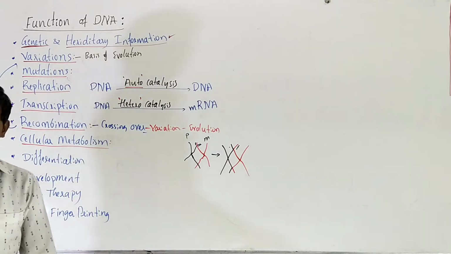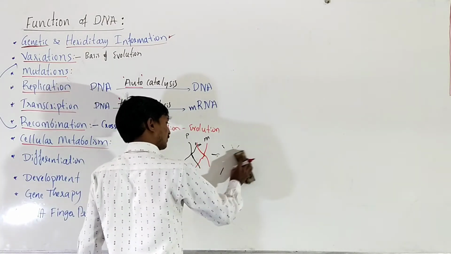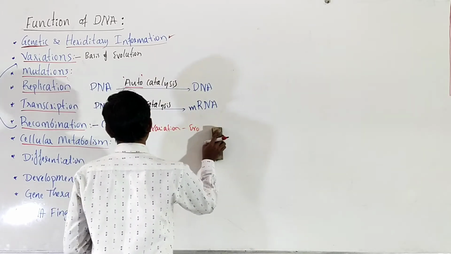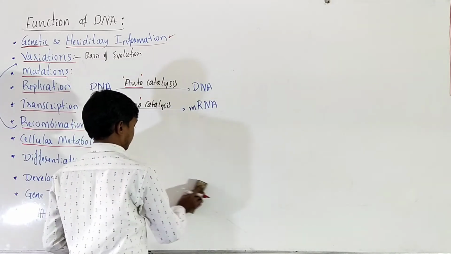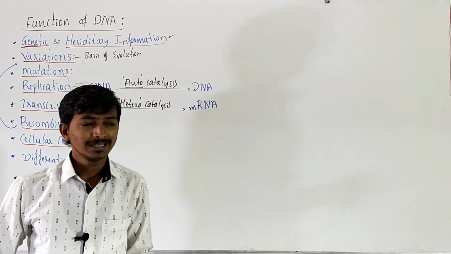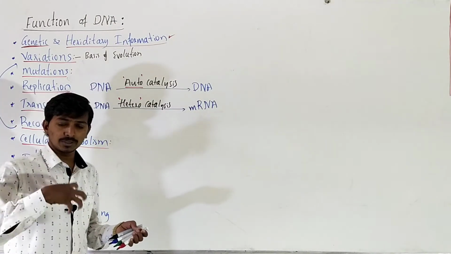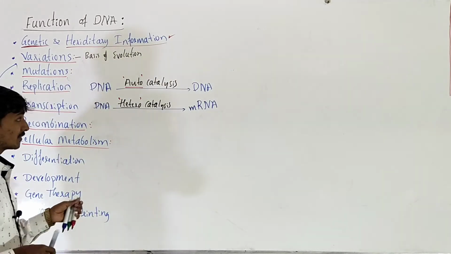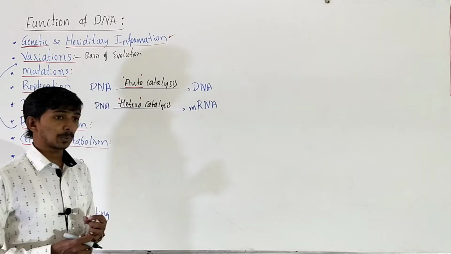Then cellular metabolism. What is metabolism? It means all the chemical reactions taking place in our body. It may be catabolic reactions or anabolic reactions. All those chemical reactions in our body are known as cellular metabolism. For that, there is a need of major biomolecules known as proteins.